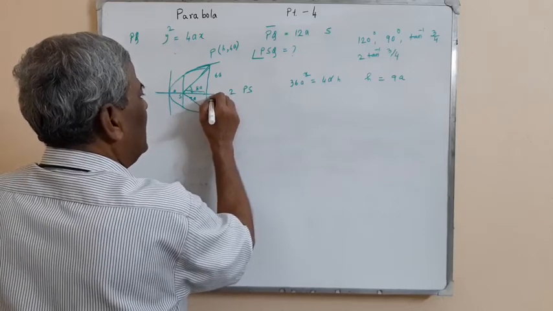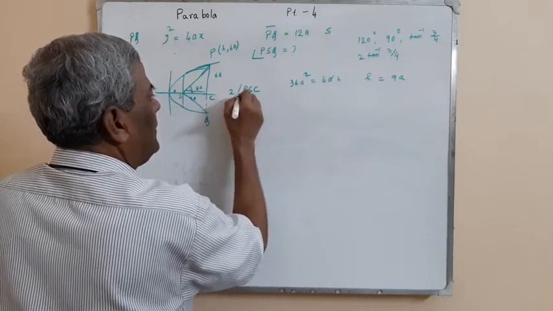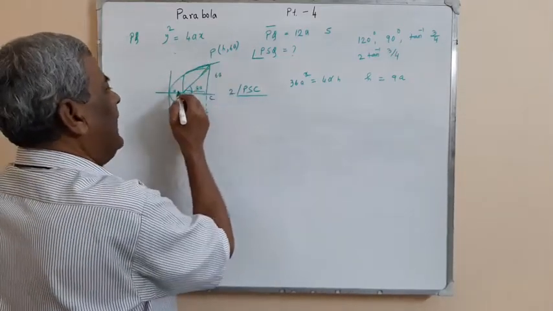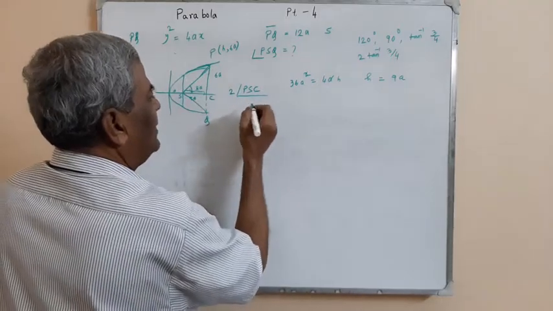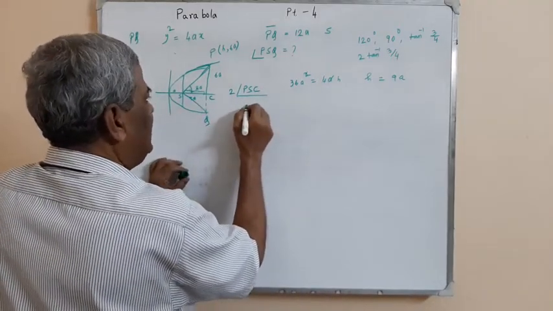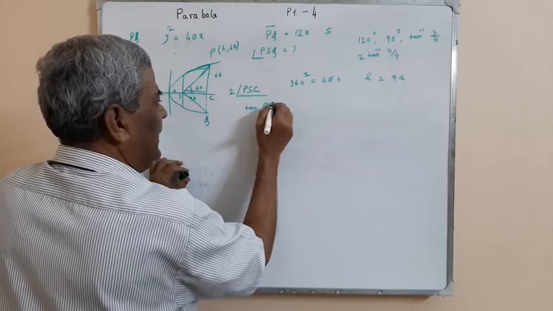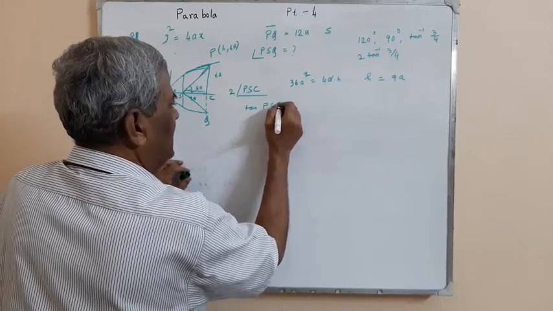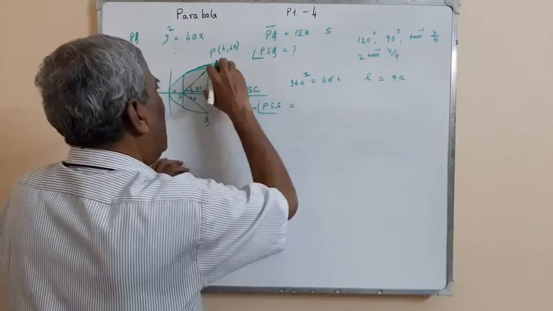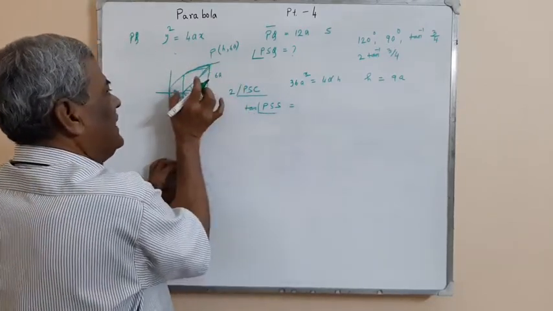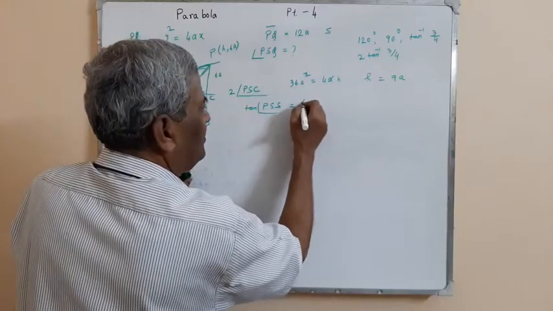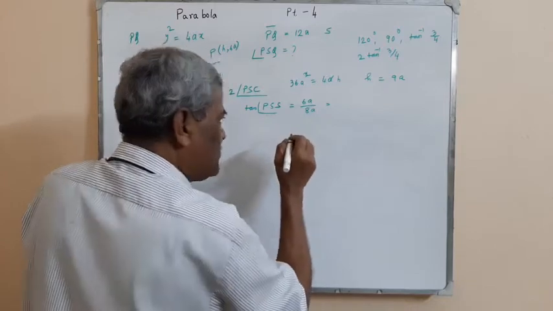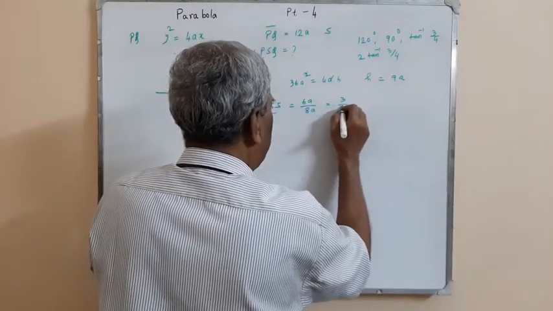Suppose this is C. Now for the right angle triangle PSC, we have tan PSC equal to height divided by base, 6a by 8a, a cancels, so 3/4.